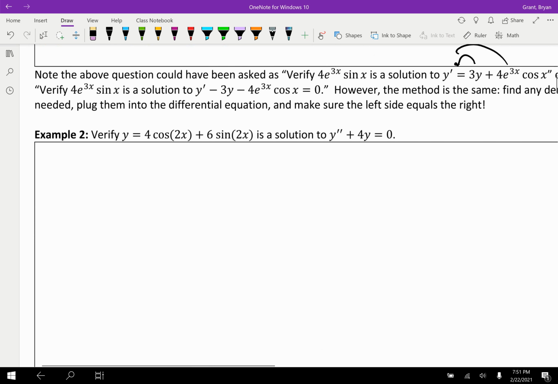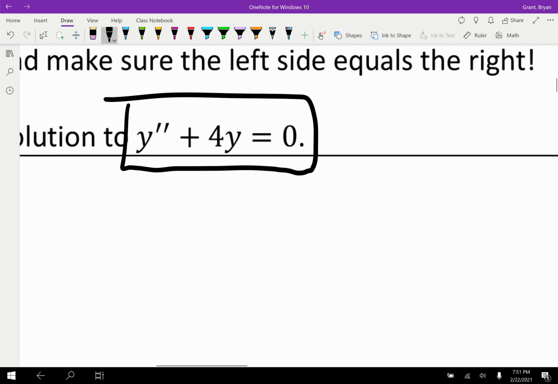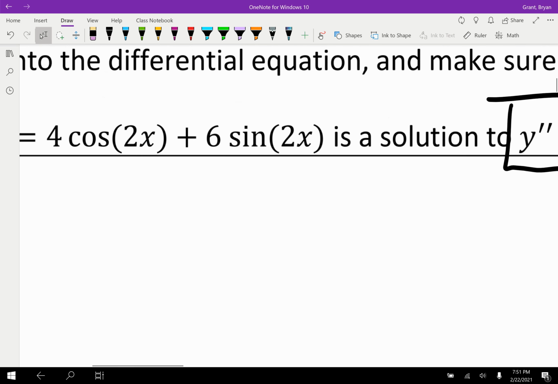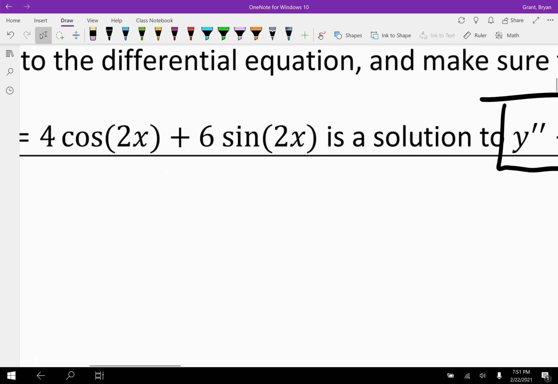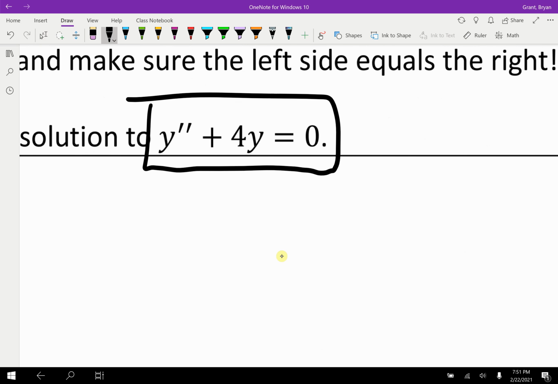However, I think you'd be very hard-pressed to be given this second-order differential equation and say, hey, guess what y equals? And you're like, there's no x's in there. What do you mean, what does y equal? And then the look on your face when you realize that y ends up equaling something with sine and cosine, you'd be like, whoa. Where do sine and cosine come from this nice, beautiful little second-order differential equation?